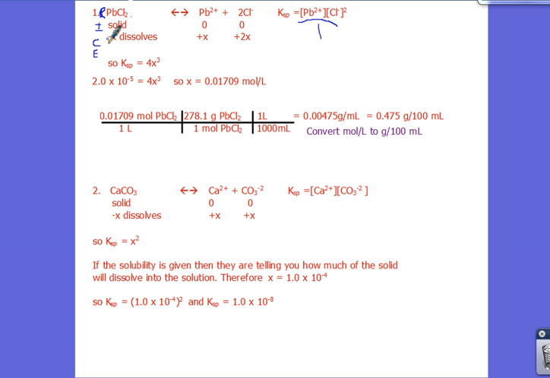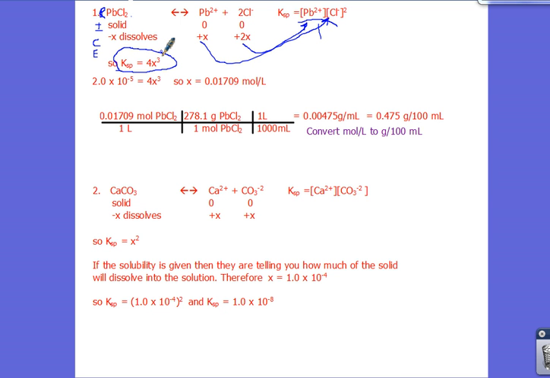So if x amount of moles of lead chloride dissolve, we'd make 1x of lead and 2x of chlorine. Then we can plug these in, so x times (2x) squared. We have a KSP in terms of x's.